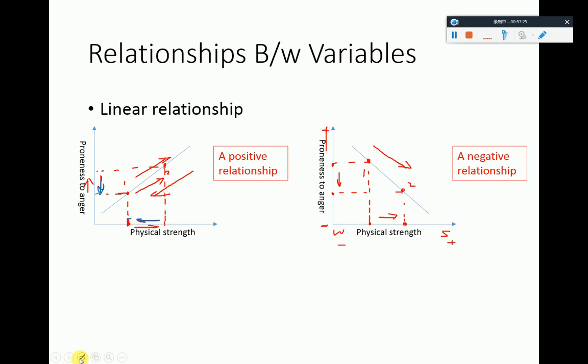You can do the same by thinking, what if we move in this direction from point 2 to point 1? Can we still reach the same conclusion that this line represents a negative correlation? Right? I'll leave that to you. Okay, so that's positive correlation, that's negative relationship or correlation.